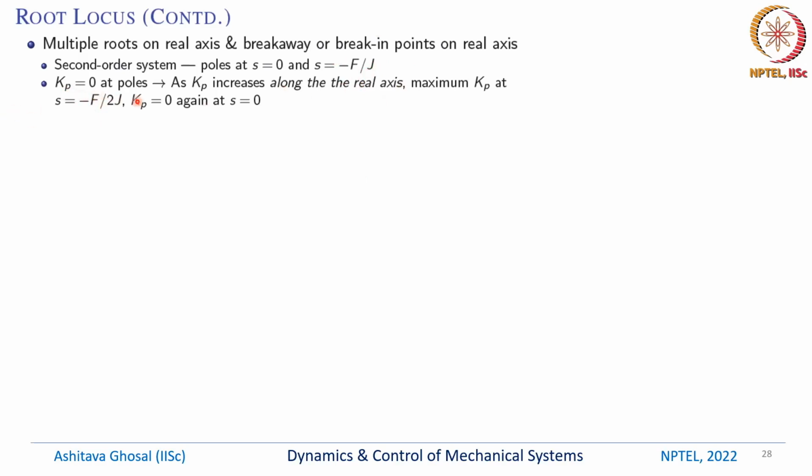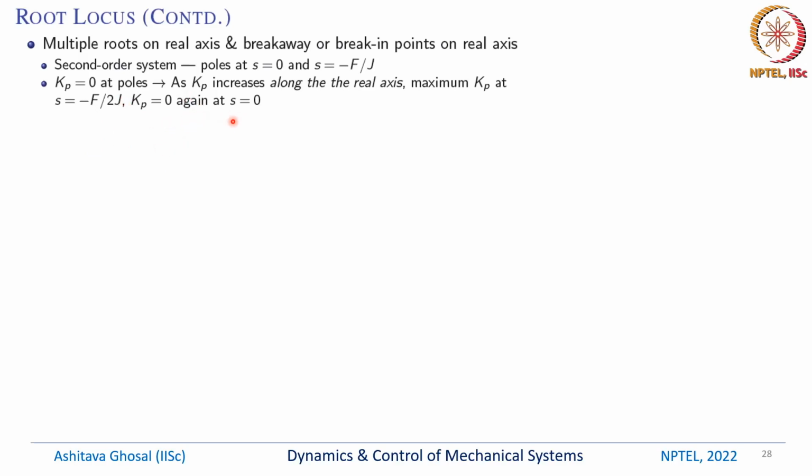So when kp is equal to 0 at the poles, as kp increases along the real axis, the maximum kp will be at the place where the two root loci meet, and that is at minus f divided by 2j. So if you go back and see the roots, the term under the square root will become 0 when s is minus f by 2j, and then kp will be 0 again at s equals 0.